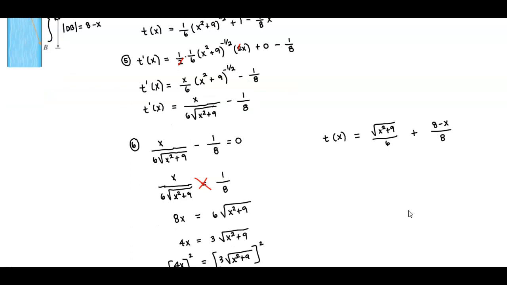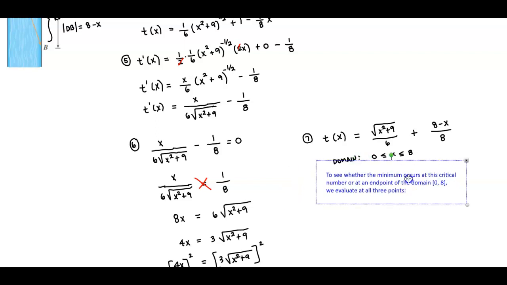In this function, what is the domain? What are all the values that we can put in for x? We can put any value in for x into the square root of x squared plus 9 because you're going to square it. But over here to the right, 8 minus x, if x is greater than 8, is going to give you a negative number. So the domain of this function, and we only want positives, is only going to be between 0 and 8.